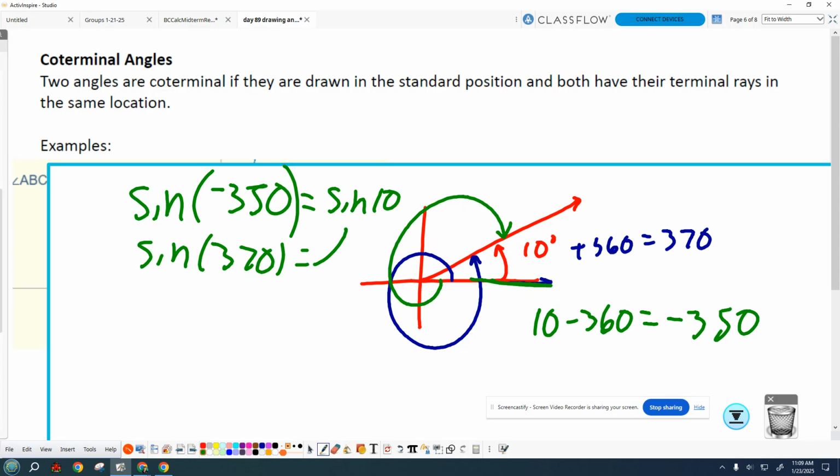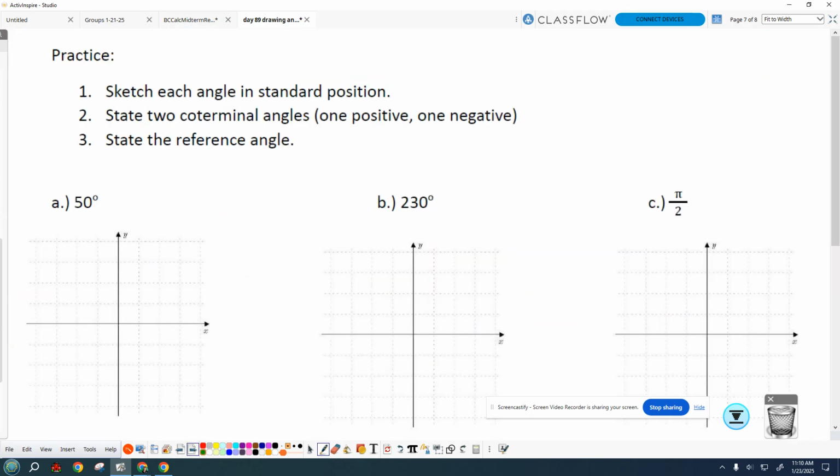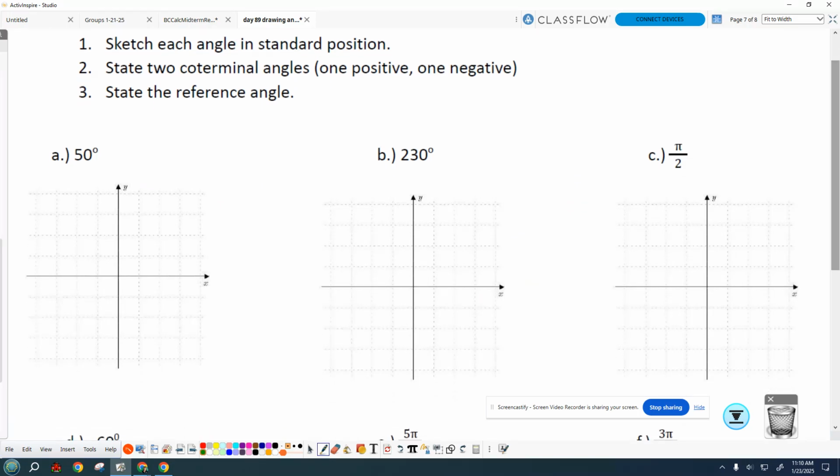Are there any extras out there? And Isaac, did you get one? What are we looking at?